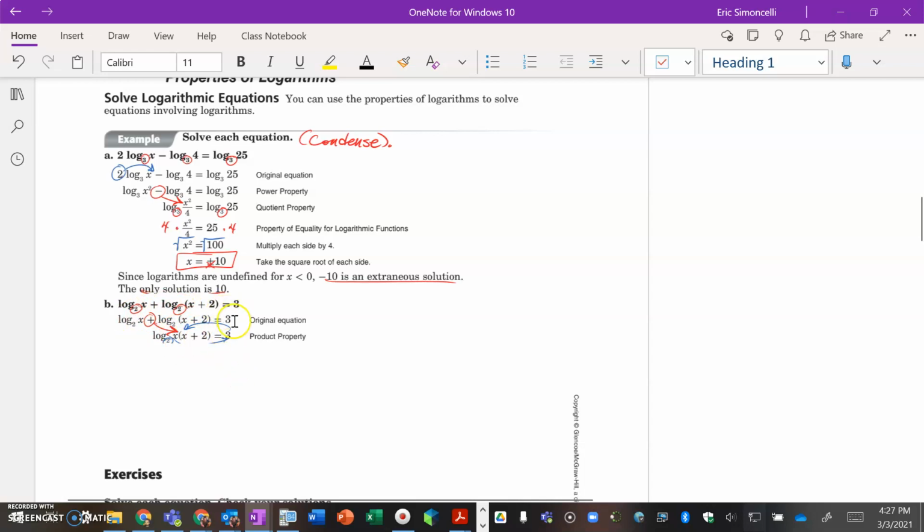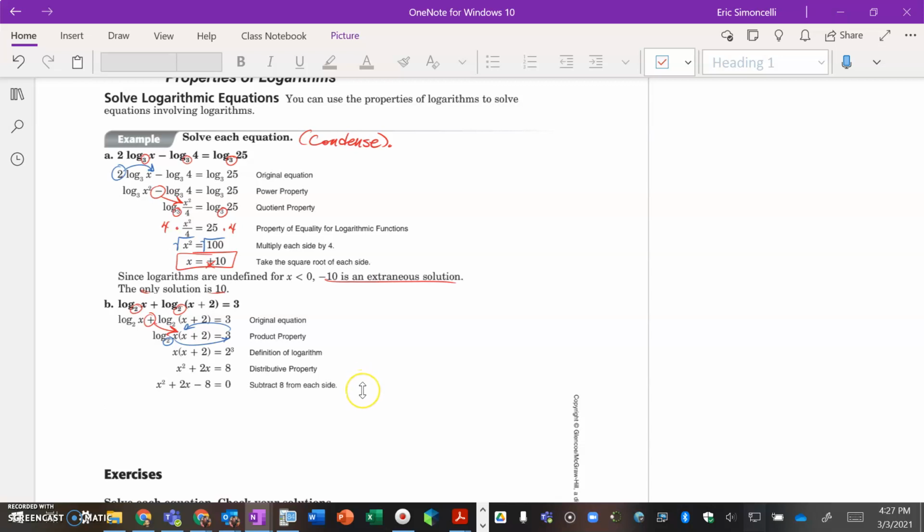Now the right side of the equation is just a number. It's not an actual log of something. So that particular expression and equation can be rewritten from log to exponential form, where 2, as you can see, raised to the 3rd power, set equal, please, to x times the quantity x plus 2. So now the problem becomes a simple just solving of a quadratic, where you can distribute x squared plus 2x, therefore equals 8.